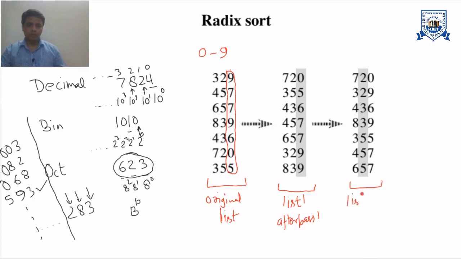So list 2 is what we get after performing the sorting on list 1 on the basis of the tens place digit, not the whole number.